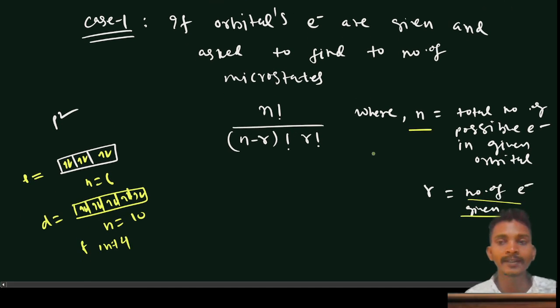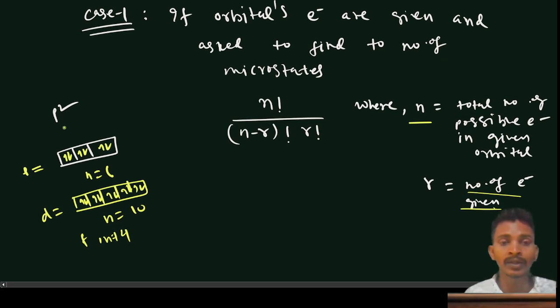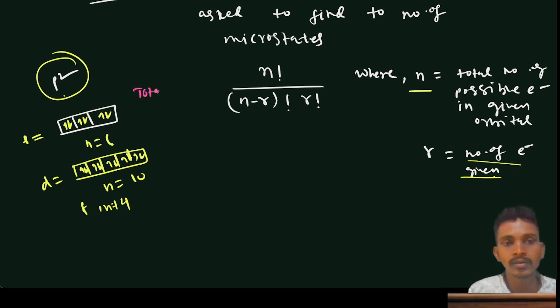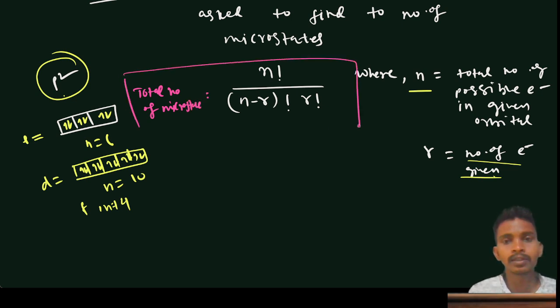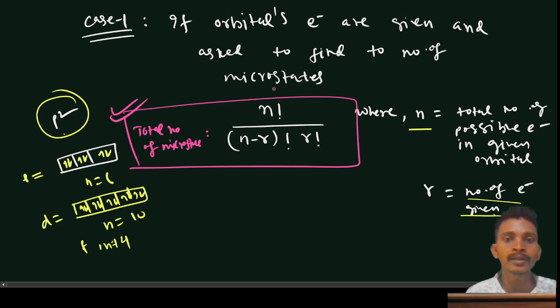So n represents the total number of possible electrons, and r represents the number of electrons given in the question. So for p2, if I apply it in this formula, this is the way to calculate the total number of microstates. If the orbital and electrons are given and you are asked to find the total number of microstates, then use this formula.